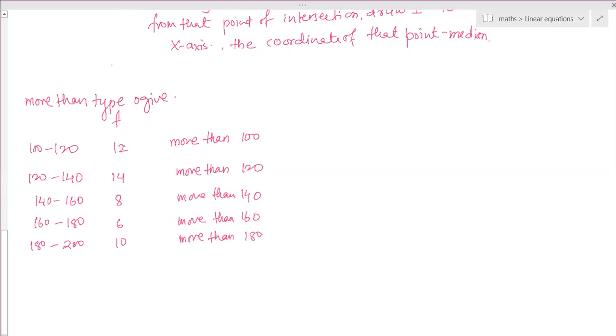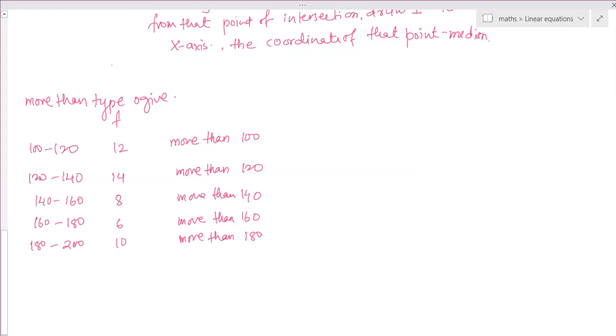More than 100 means what all frequencies will come? All the frequencies are more than 100.